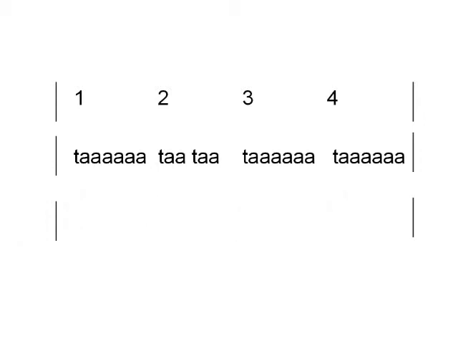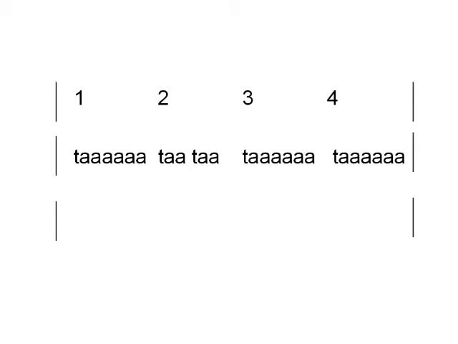So let's take a look at this example. In this case, I have 4 beats. On the first beat, I have a sound which lasts 1 beat. On the third beat and on the fourth beat, I have 2 different sounds lasting each 1 beat. But on the second beat, I have something new.